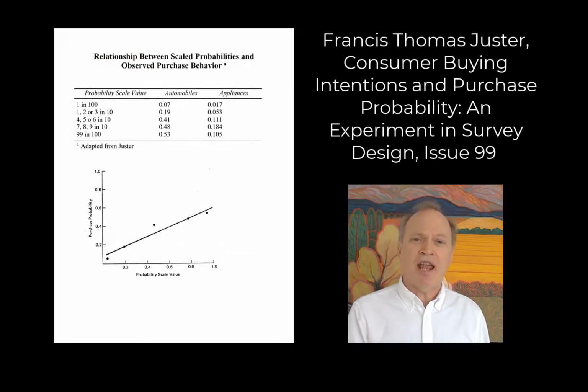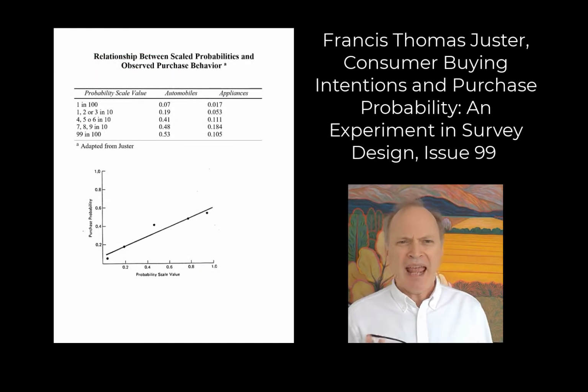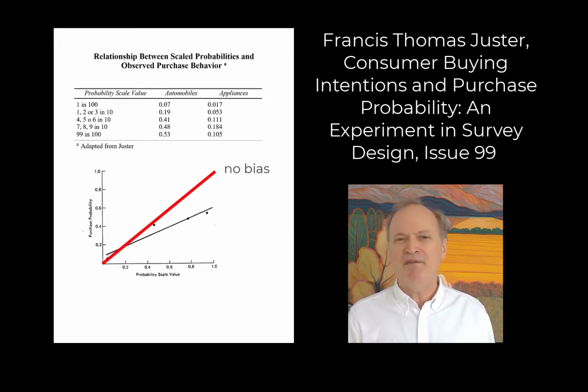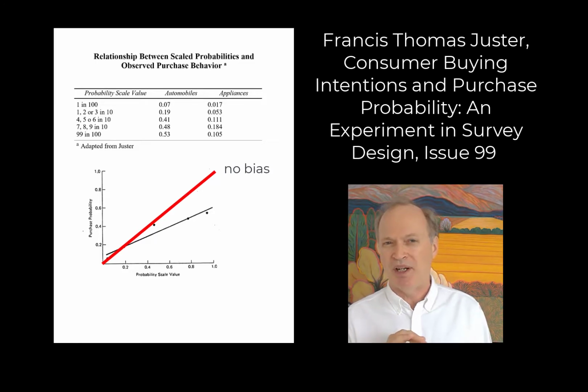Let's look at a few examples. Okay, in these examples published by Juster, what we have is a questionnaire that simply asks, how likely would you buy this product? We have two cases, the automobile industry, and let's call them appliances or white goods. Now, if people were, quote, unbiased, the line below would be a 45-degree angle line, and the intercept would be at the 0 point, so to speak.